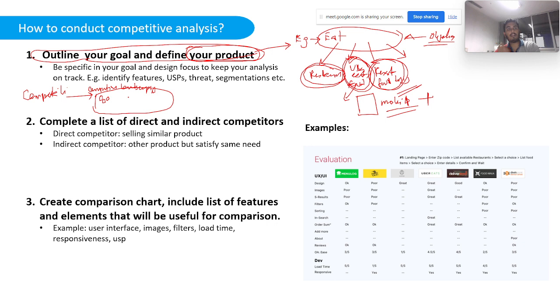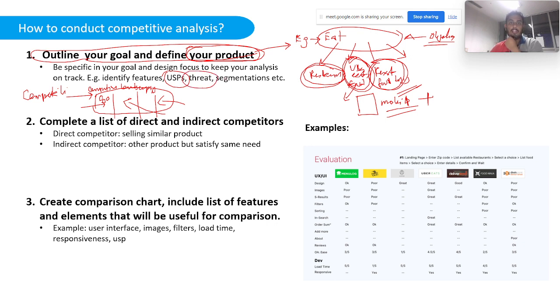Another thing can be, after competitive landscaping, you can identify the target groups, based on different customer profiles. You can try to identify what kind of difficulties they face. Like that, you can also try to identify the unique selling points of various competitors. You can also try to understand what various threats exist.